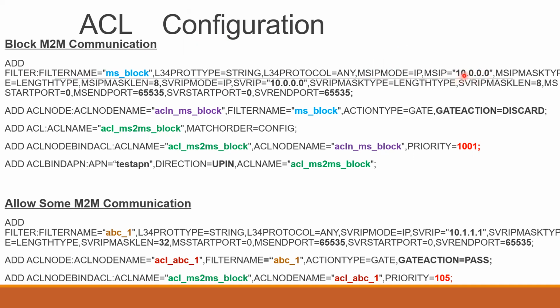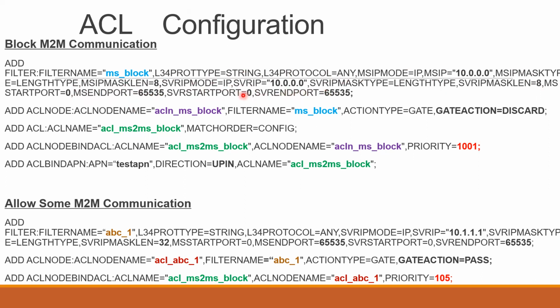So we have mentioned all IP addresses that start with 10, and the server IP address is also the same, 10. So any 10 segment IP address should not be able to communicate with another 10 segment IP address. So here its mask length is 8, its mask length is also 8, and each and every port, starting from 0 to 65535.